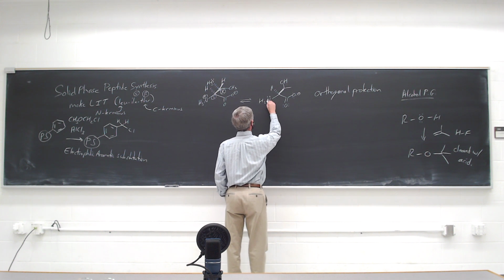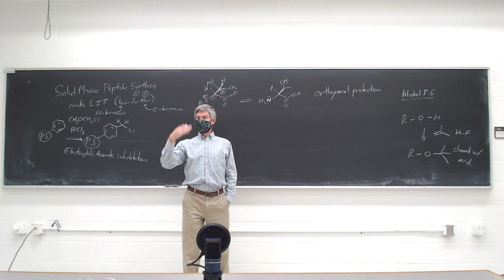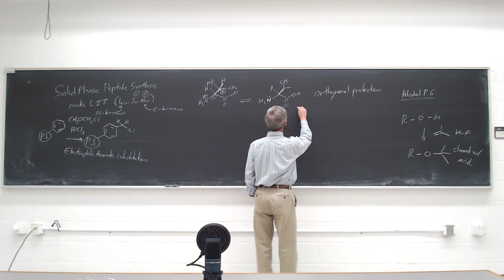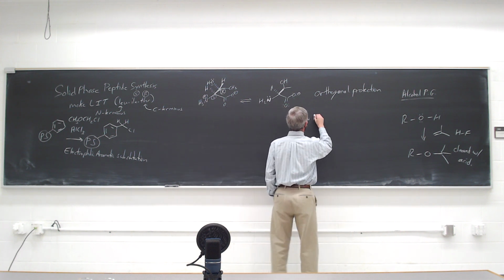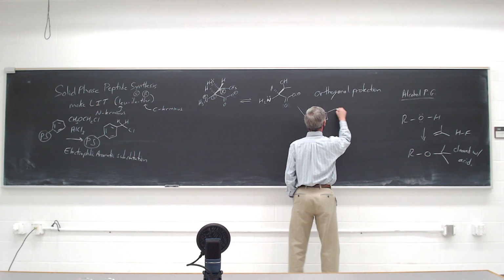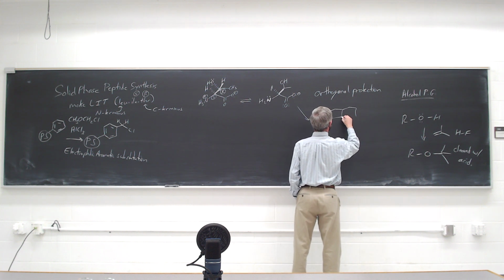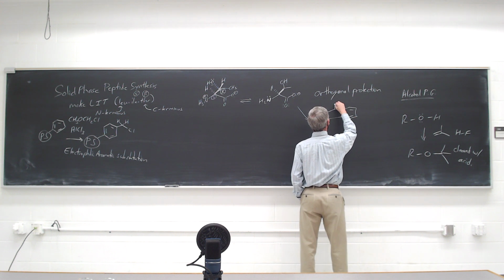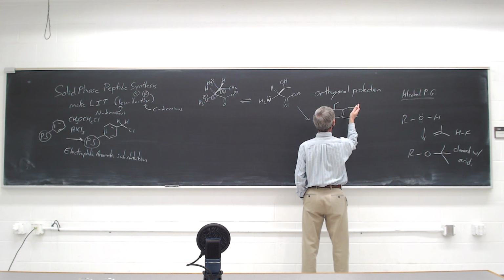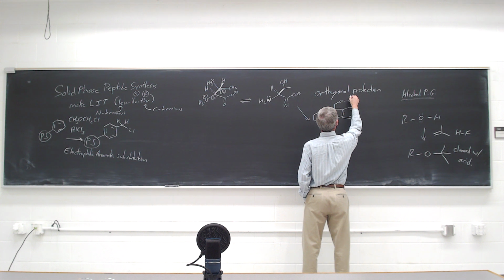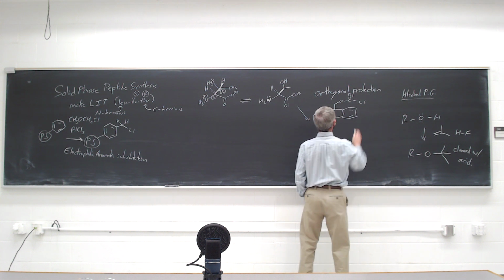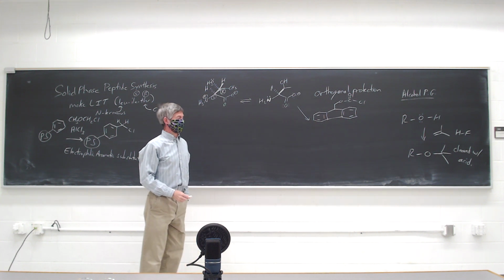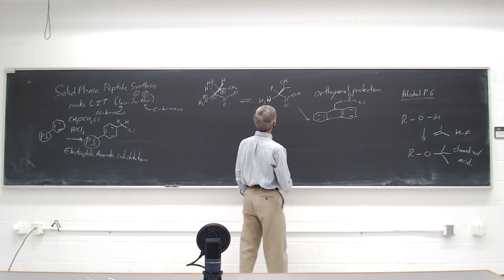So the logical protecting group for this is one that is removed under basic conditions, so that we don't have to worry about removing the wrong protecting group at the wrong time. And the protecting group that we usually use for that is 9-fluorenylmethyl chloroformate to make the FMOC group.